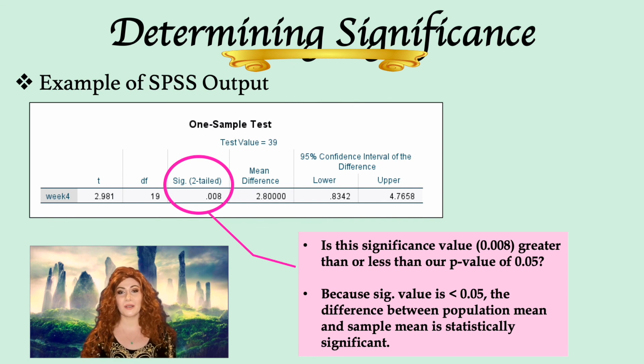Therefore, it would mean that 0.008 is smaller than 0.05. If our significance value is smaller than 0.05, it means we reject the null, conclude that there is statistical significance and a difference between the groups.